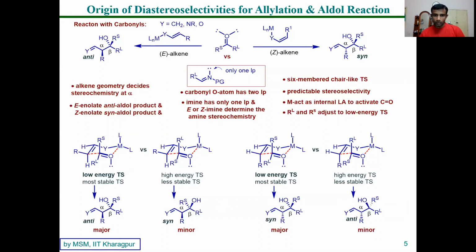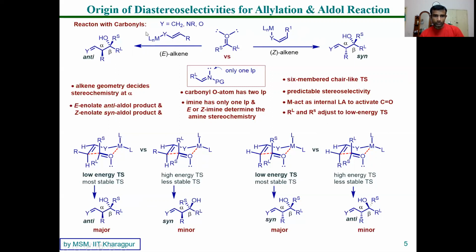When you do the reaction, keep this factor in mind. The imine geometry is important, and at the same time the alkene geometry of the nucleophile. The reaction goes by a six-membered chair-like transition state, which is famously known as the Zimmerman-Traxler model. So via this transition state, you can really predict the stereochemical selectivity. When you draw this type of transition state, let's say you have this nucleophile M, Y, and a double bond.